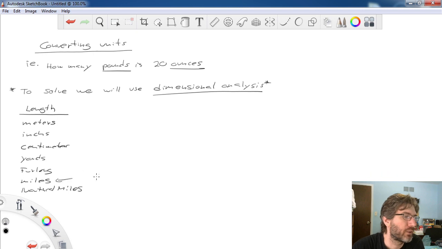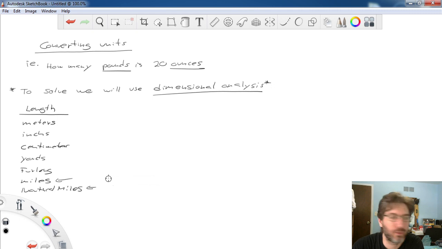Miles are based off of straight lines. These are based off of arcs, because when you're on the ocean, the world is curved, so you travel in nautical miles. This distance to this distance is different than this distance to this distance. So just some interesting things. But you know a lot of measurements of length.